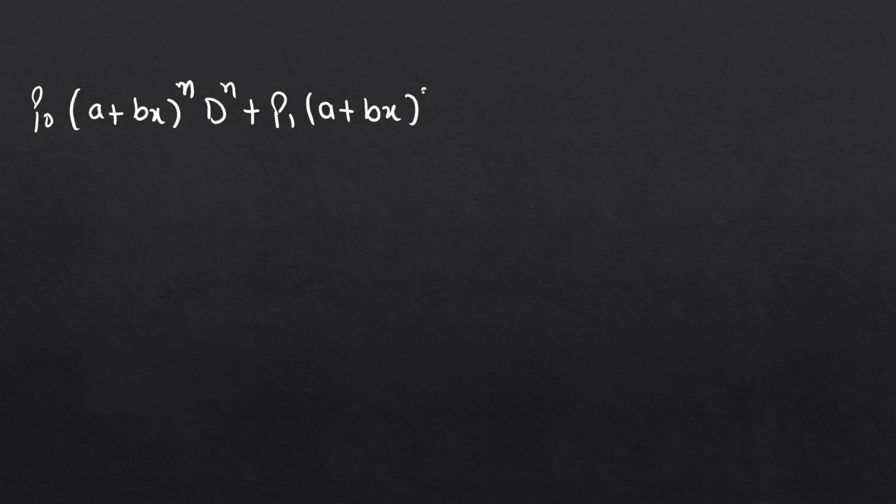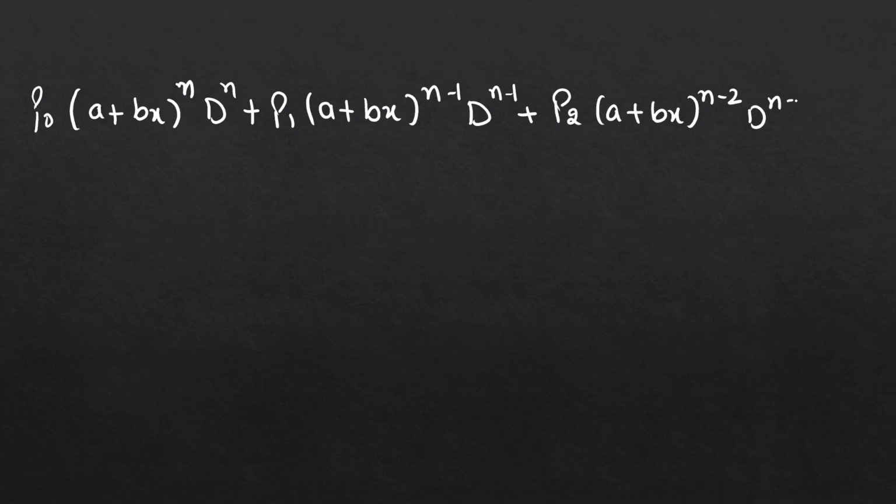P naught (a plus bx) raised to power n D raised to power n, p1 (a plus bx) raised to power n minus 1 D^(n-1). Similarly, we will write down p2 (a plus bx) raised to power n minus 2 D^(n-2), up to so on. Here is p n, and outside it is q(x).